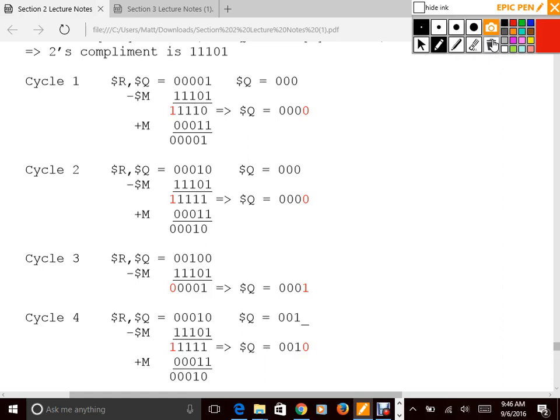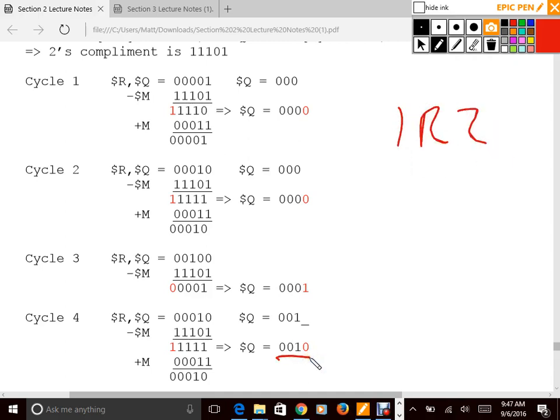Yep, the most significant bit of the quotient becomes the negation of the least significant bit of the remainder. So that's how 0 is there. And by the way, here's something to recommend on the exam. You know what 8 divided by 3 is going to be. It's going to be 1 with the remainder of 2, right?